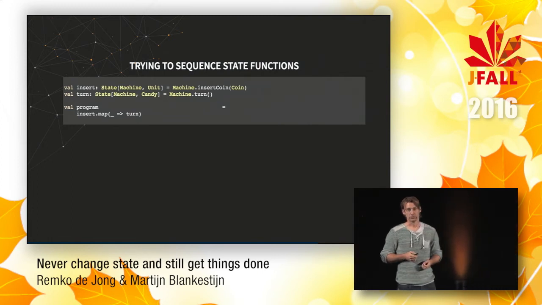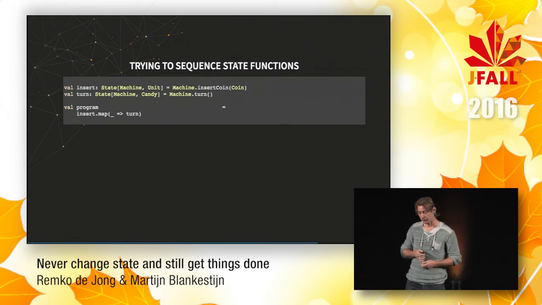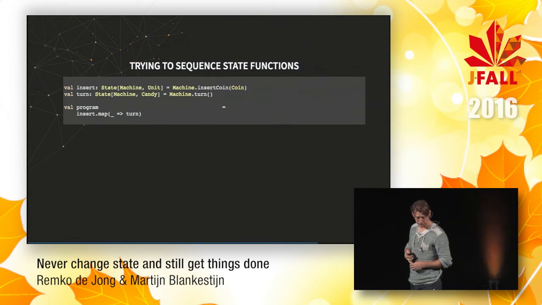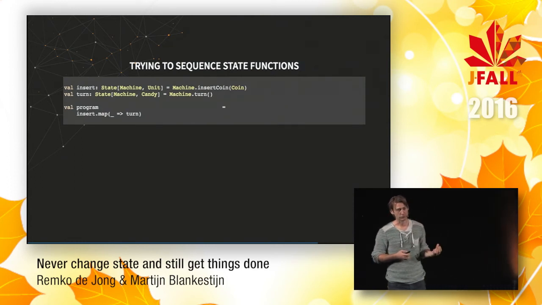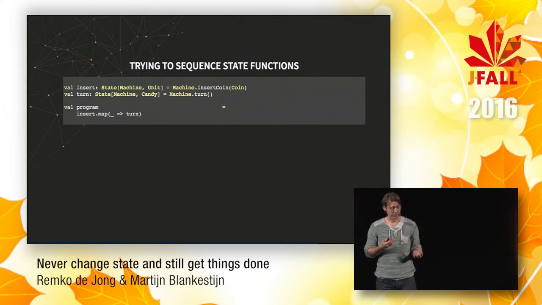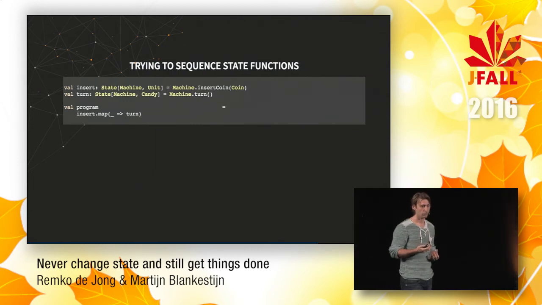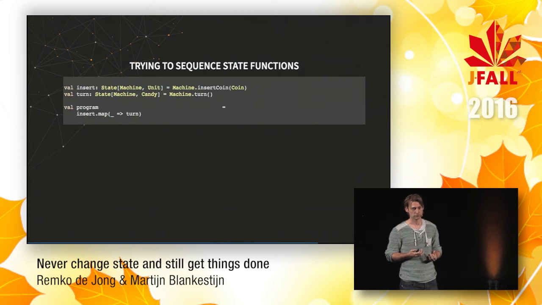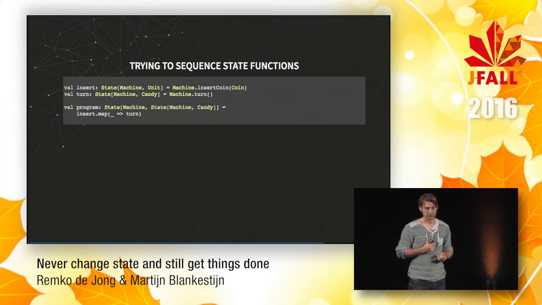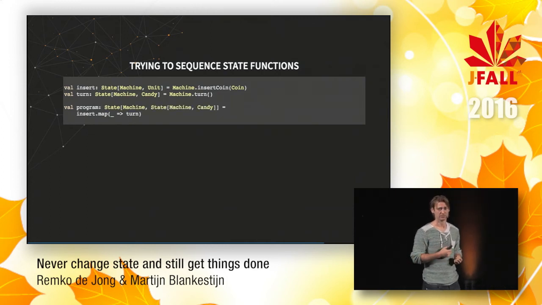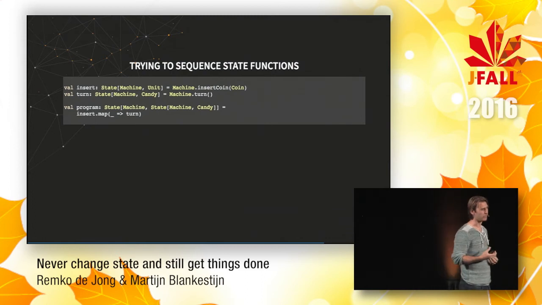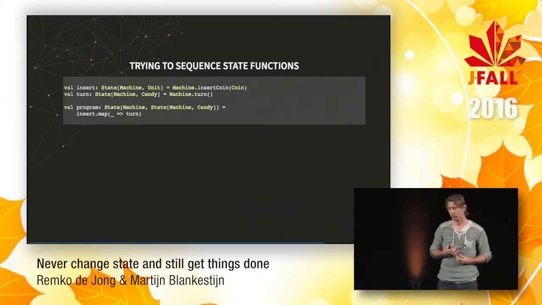Does anybody care to guess the type signature, the return value, if we have that insert function and we map it with a turn function? You can see state gets nested. So now we have a state of a state. That's not what we want.